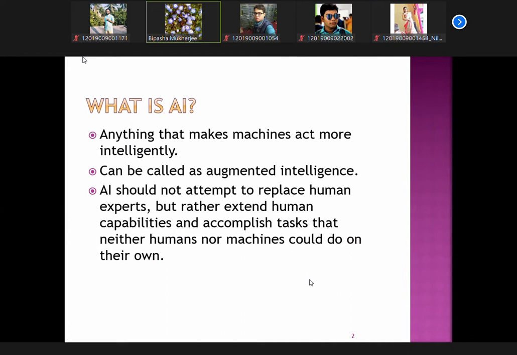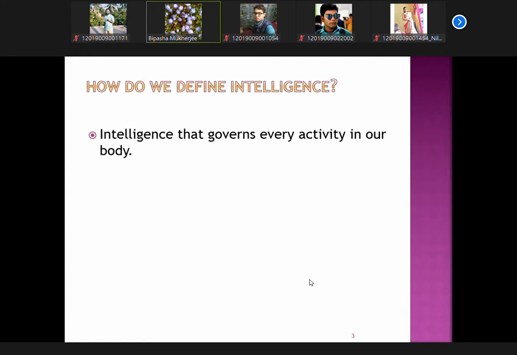No, that is not something actually expected from AI. It's just a helping hand, because it can do only the things that you tell it.